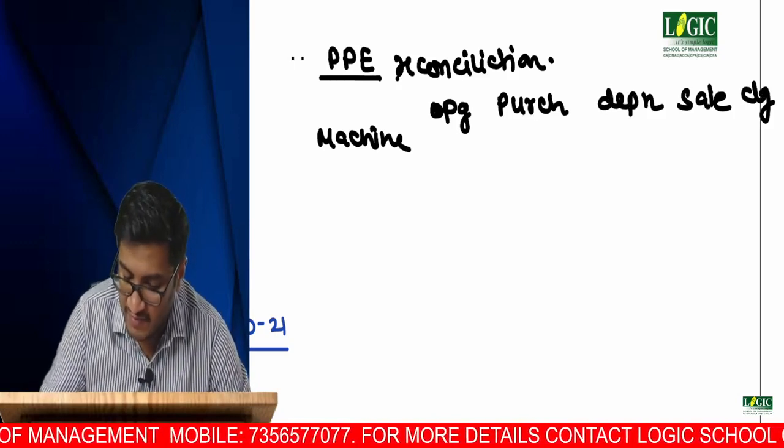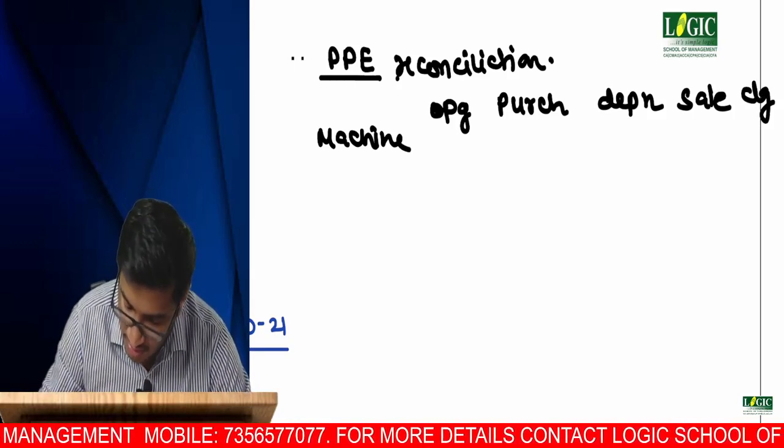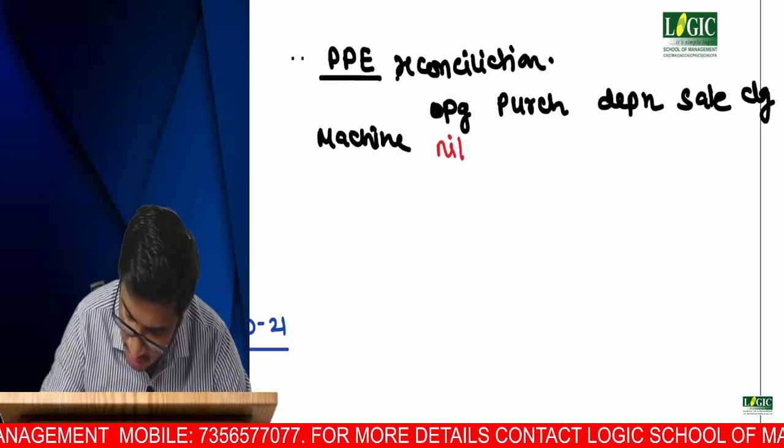Opening balance as per the previous year, it should have been nil. It should have been nil. Now you will update it. It is not nil. It will be updated.